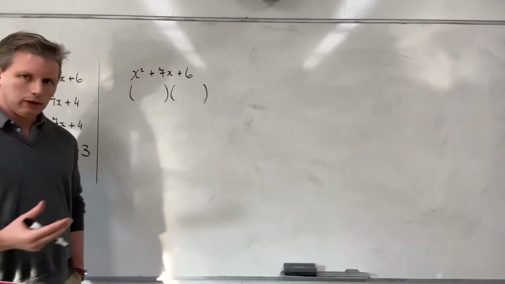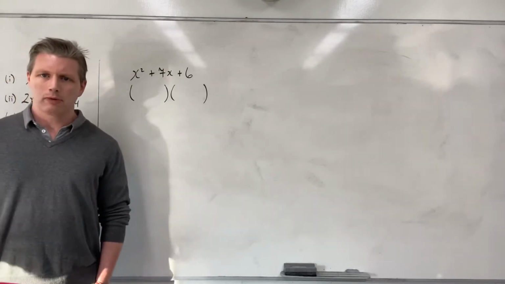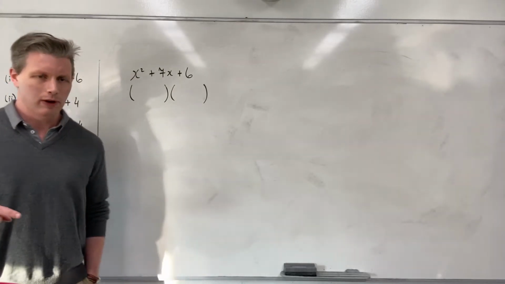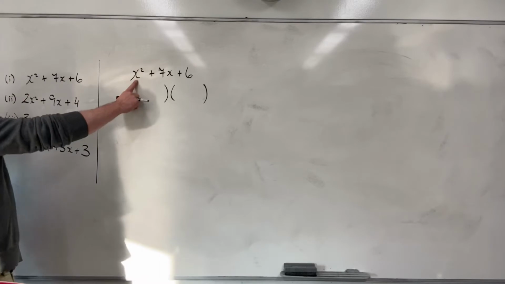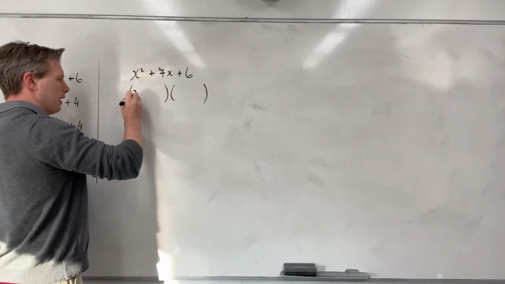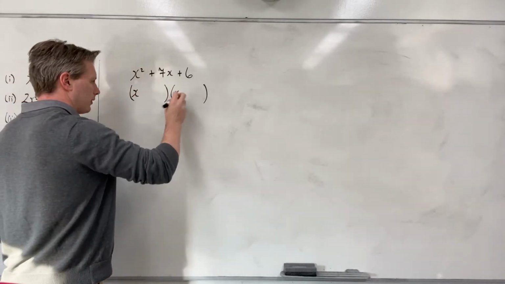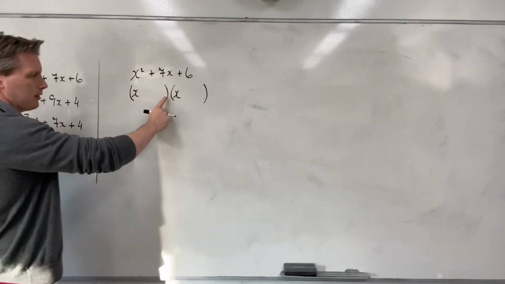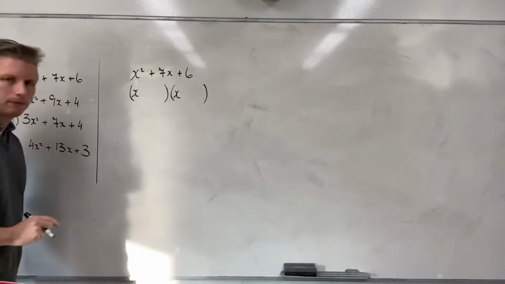What I'm really doing is undoing the FOIL process. I'm reversing the FOIL process. If my leading term here is x squared, my 2 factors must begin with an x. It must be x plus or minus blank, x plus or minus blank.